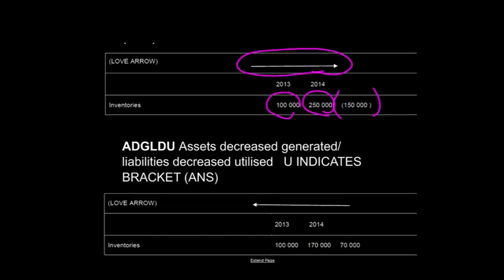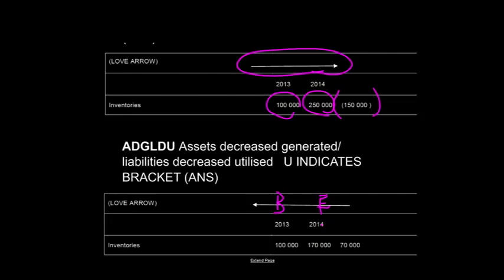Just watch this here. Look at the interesting part here. Watch the direction of your arrow. Can you see? 214 to 213. So this is the end of your year, and that's your beginning of the year. Make sure that this arrowhead is in the right direction. Here you can clearly see it's in the incorrect direction. Why? Your beginning is 213.